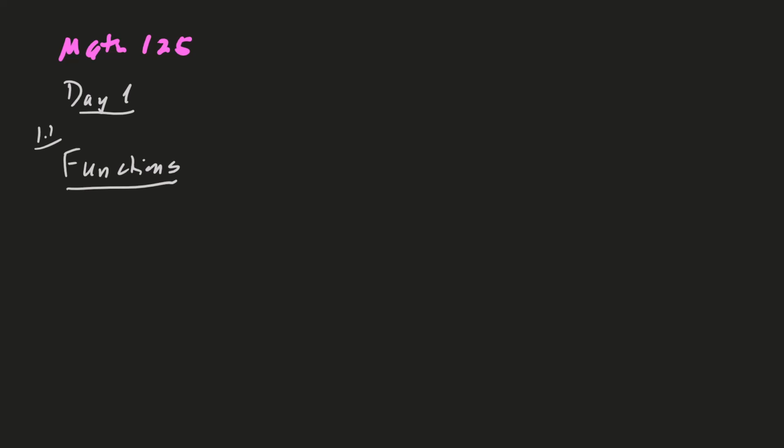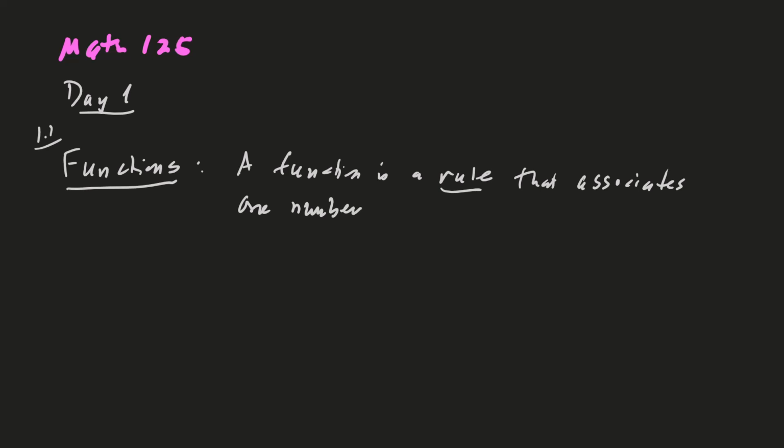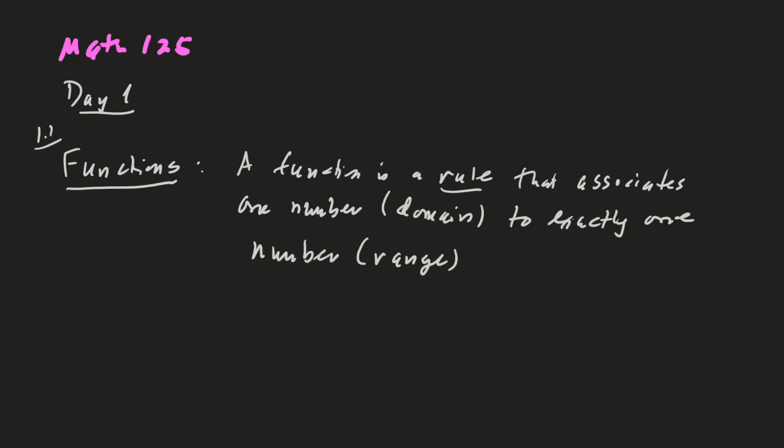So, quick definition: a function is a rule that associates one number in the domain to exactly one number in the range.